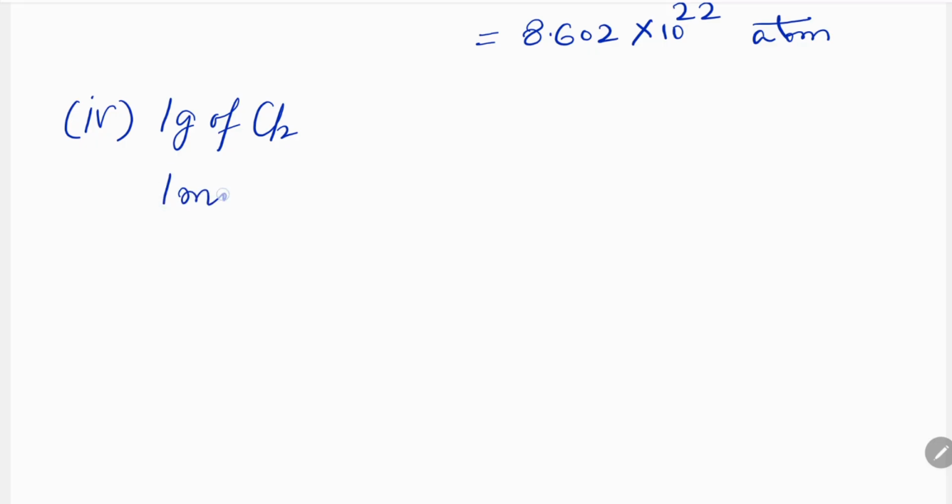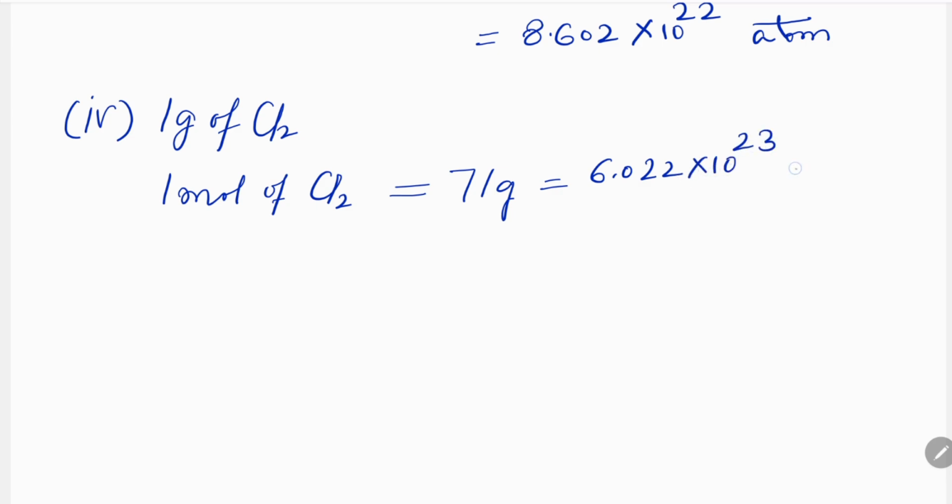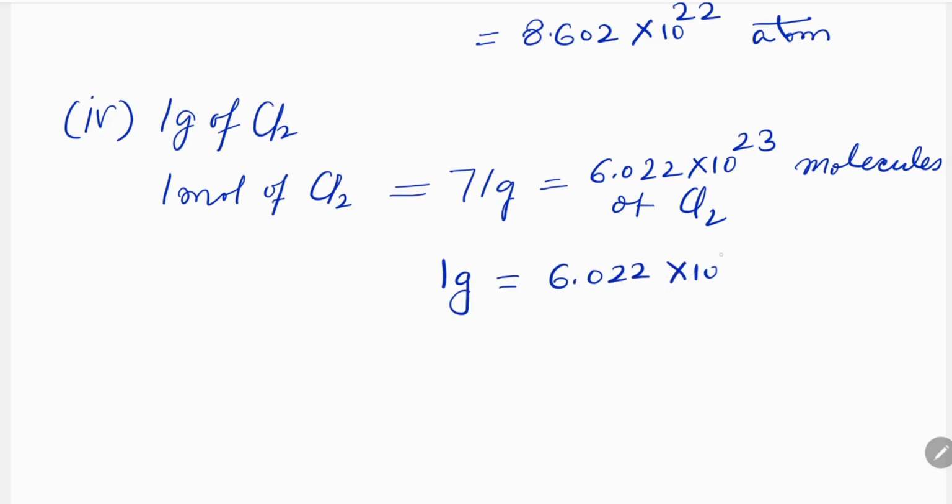So 1 mole of chlorine gas is going to be equal to 71 gram of chlorine gas, which has 6.022 into 10 raised to power 23 molecules of chlorine, right? Because chlorine is in the molecular form. So 1 gram will have 6.022 into 10 raised to power 23 divided by 71.